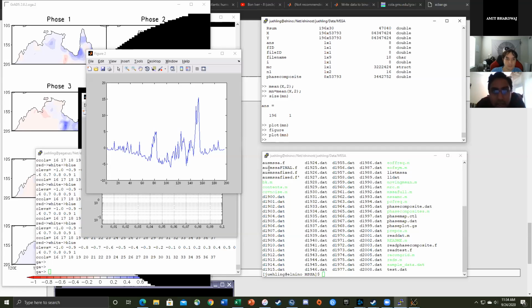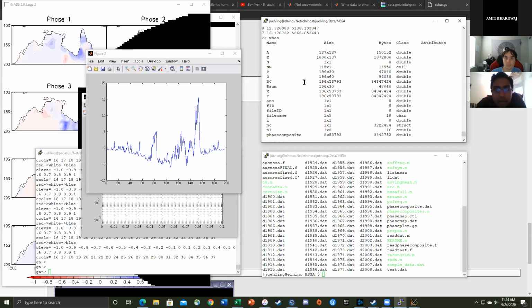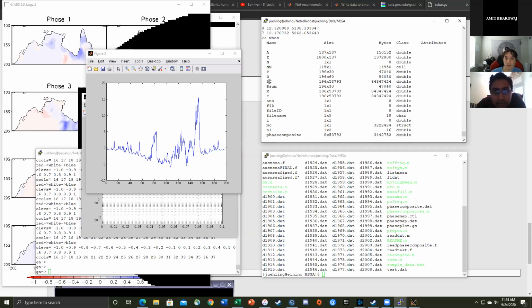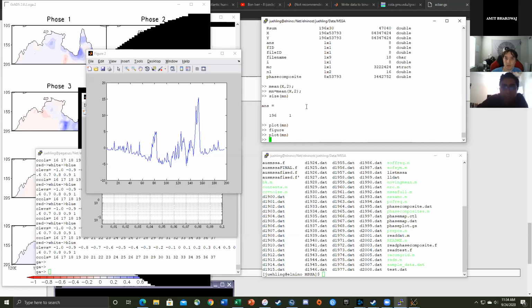Now you just calculate the RC. You must have stored the reconstructed component somewhere. Who's, yes, RC is there. So similarly, just plot it.